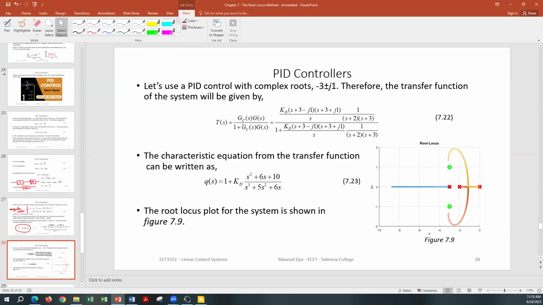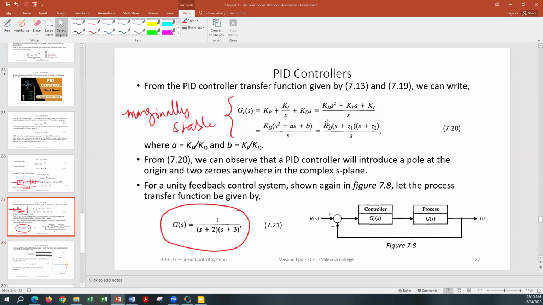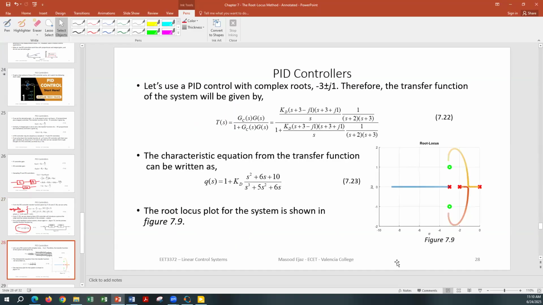Gc(s) is a PID controller with complex roots -3 plus j1 and -3 minus j1, so Kd (s plus 3 minus j1)(s plus 3 plus j1) over s. This is the equation we are using, and this is your G(s).